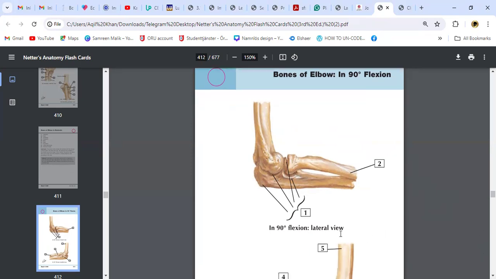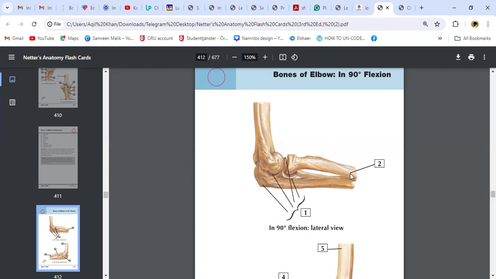This is the lateral view, and there are 1, 2, 3, 4 structures pointed. For number 1, I want you to familiarize yourself with them so that you are able to identify them and point them out.